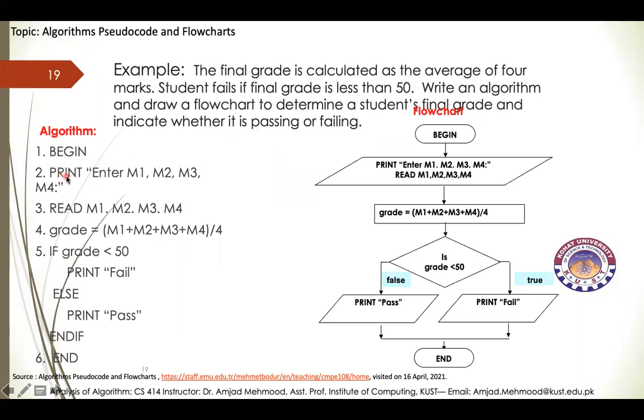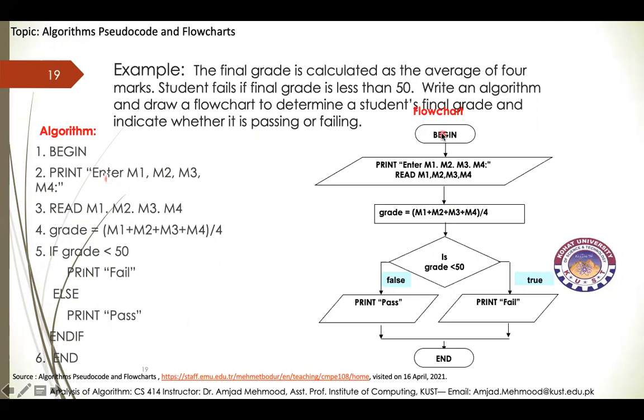First we will ask for marks 1, marks 2, marks 3, and marks 4, and then we will read all these, and then we will get the average of these 4, and if the average is less than 50, then it prints fail, otherwise it prints pass.